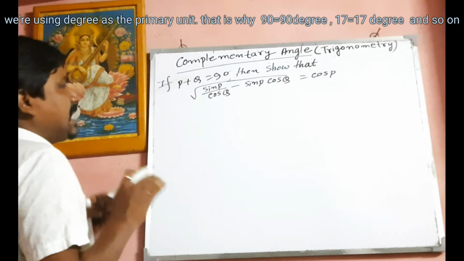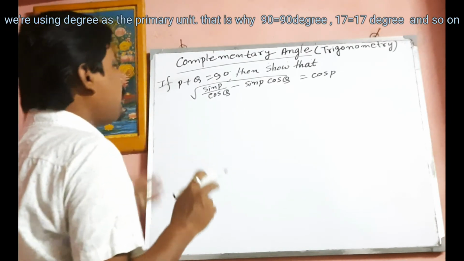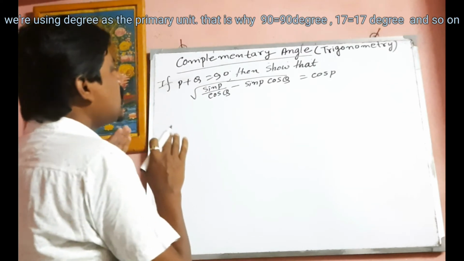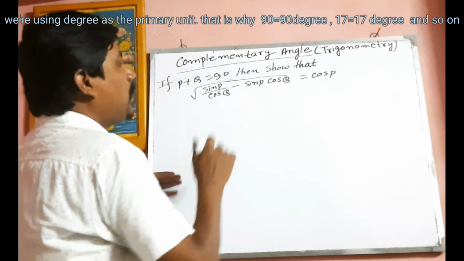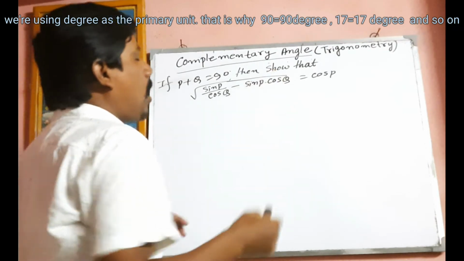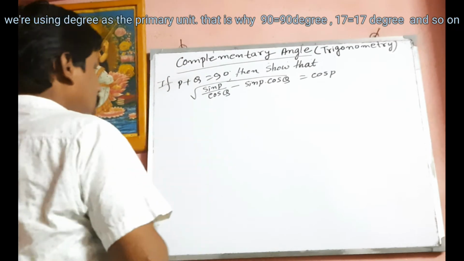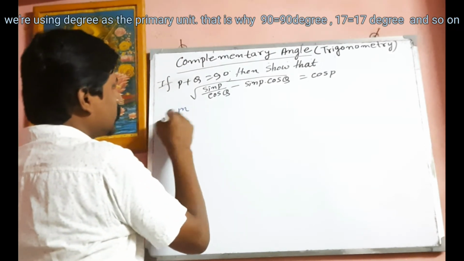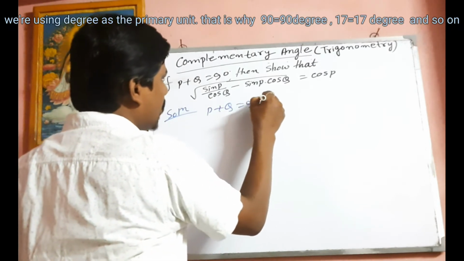Now we are discussing the second example of the day. The example is: if p plus q is equal to 90 degrees, then show that root under sin p by cos q minus sin p into cos q is equal to cos p. Now in the solution part, p plus q is equal to 90 degrees.